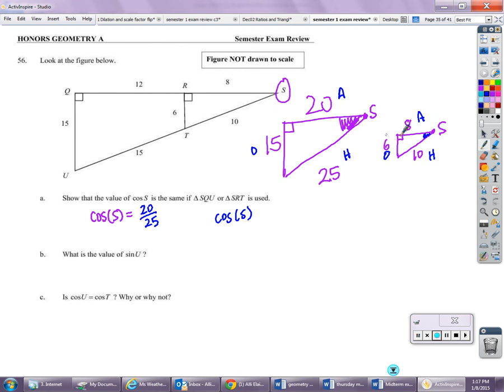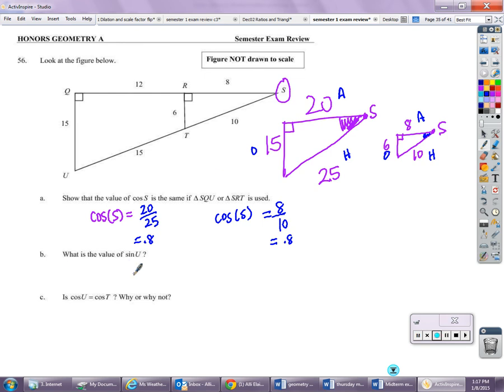So cosine of S for the small triangle is the adjacent 8 over the hypotenuse 10. Now if you look at these numbers, 20 over 25 and 8 over 10, they don't look the same. But if you put 20 over 25 in the calculator, you'll get 0.8. And 8 divided by 10 is 0.8 as well. So the value of cosine of S is actually the same for both.